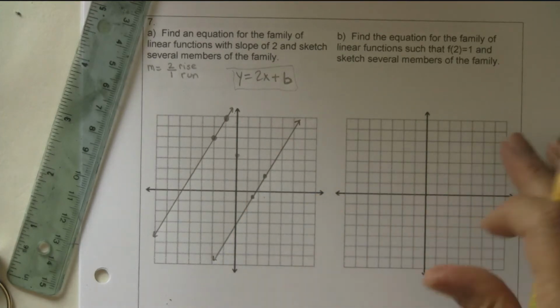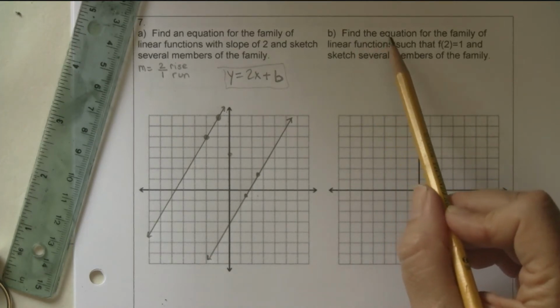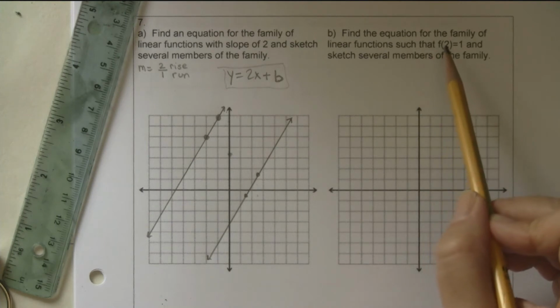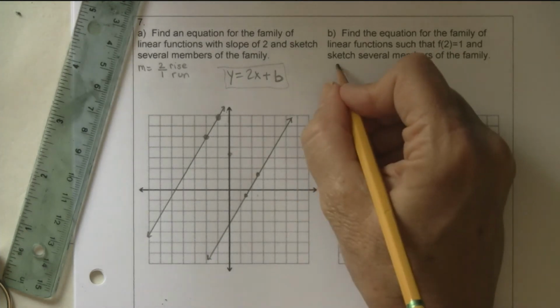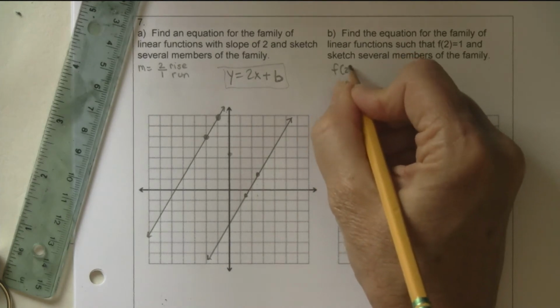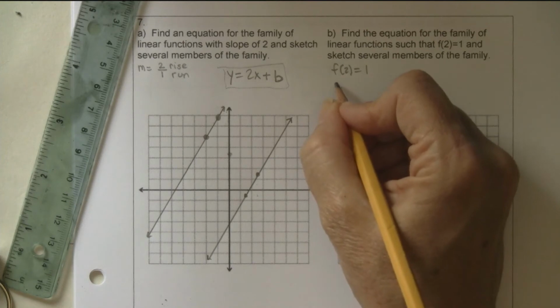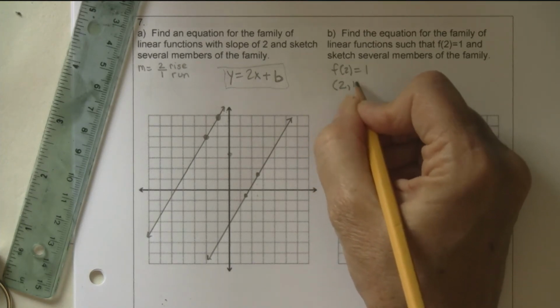Anyway, okay, so the next question says, find the equation for the family of linear functions such that f at 2 equals 1. And what they're giving you when they say f at 2 equals 1 is an ordered pair. They're just giving you a point, and that point is x is 2 and y is 1.